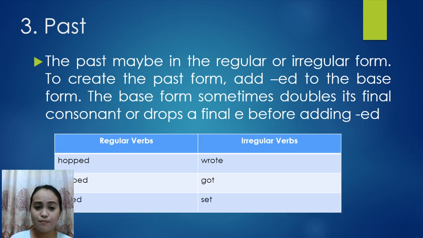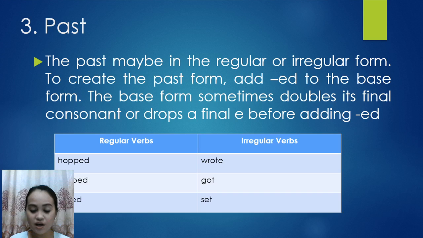Regular verbs are verbs that you will add ed. Example: hopped, jumped, joined. Those are regular verbs. While irregular verbs are wrote, got, set.